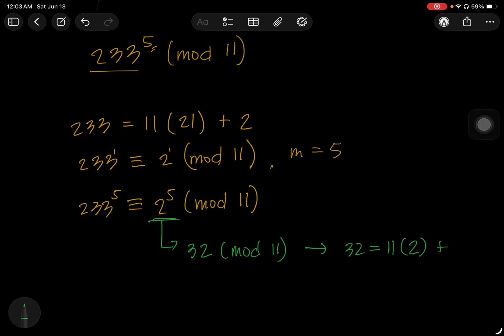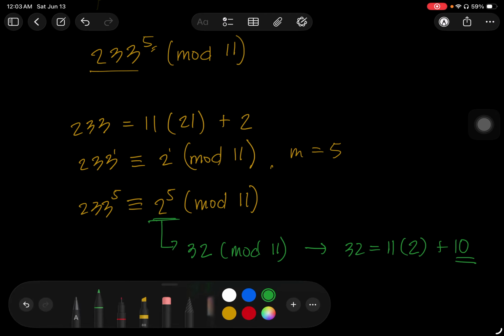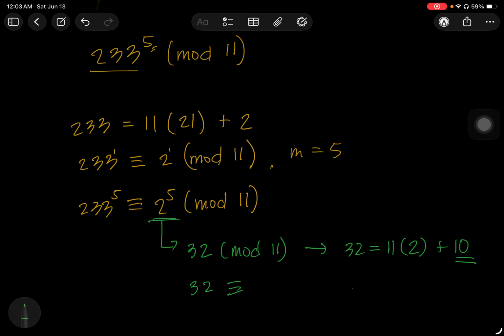So 2 times 11 gives us 22, and then we'll have a remainder of 10. So 32 is congruent to 10 mod 11.